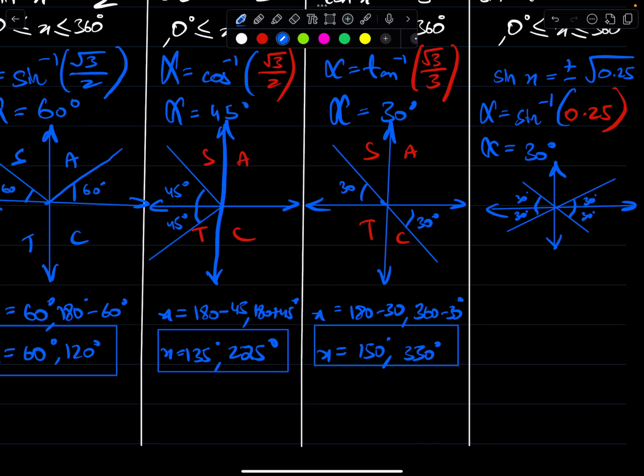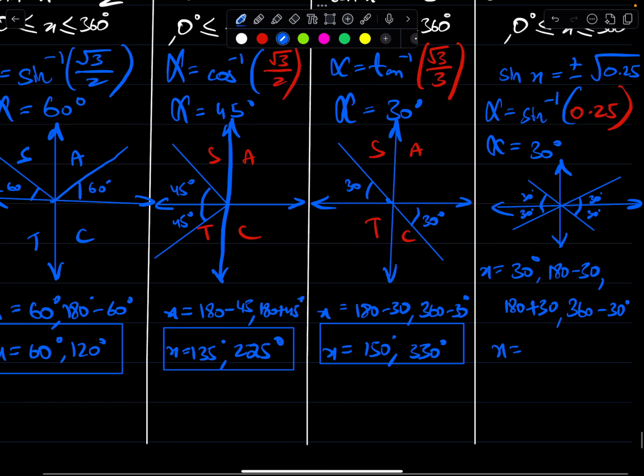Then finding x in all four quadrants. In the first quadrant, it's alpha. In the second quadrant, it's 180 minus alpha. In the third quadrant, it's 180 plus alpha. In the last quadrant, it's 360 minus alpha. And the values of x which we have turn out to be 30 degrees, 150 degrees, 210 degrees, and 330 degrees.